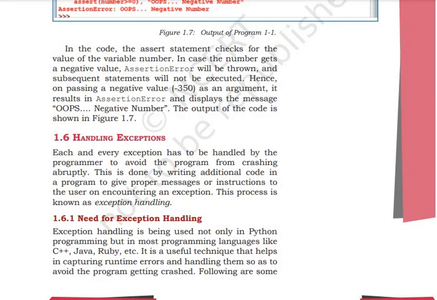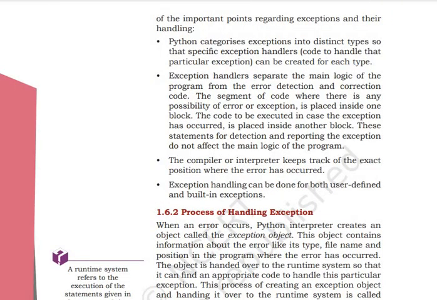So how do you handle exceptions? We need to write some additional code to give proper messages to the user whenever there is an exception. This is exception handling. Exception handling is used in most programming languages like C++, Java, Python and many more.